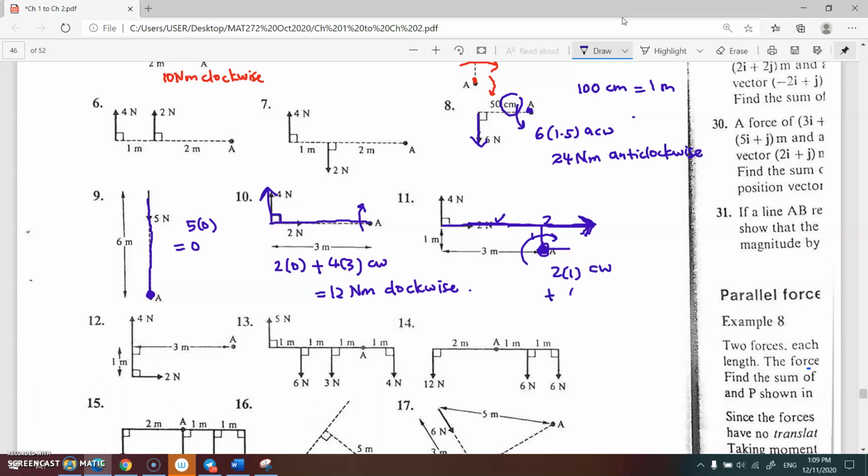Okay, and then we have 4, the distance. So this is the nut. This is 4, so the perpendicular distance would be 3. Then if you bring it here, the nut will go clockwise. So 12, 13, 14. 14 Newton meter clockwise.